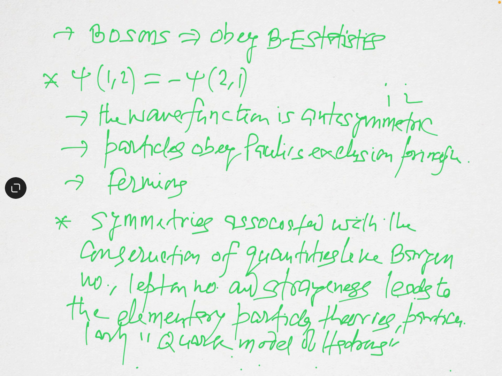Even in the recently developed quark model, we use the symmetry properties associated with different quantum numbers like baryon number, lepton number, strangeness, and that symmetry operation is utilized to understand the quark model.